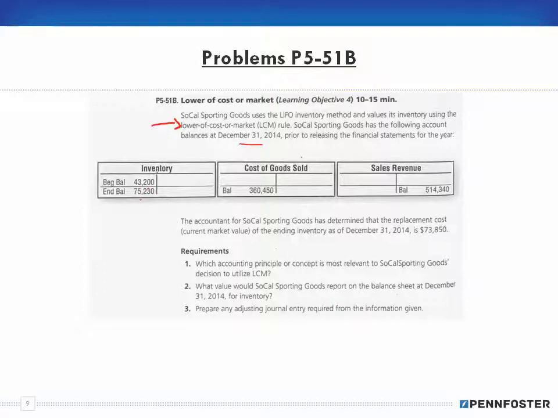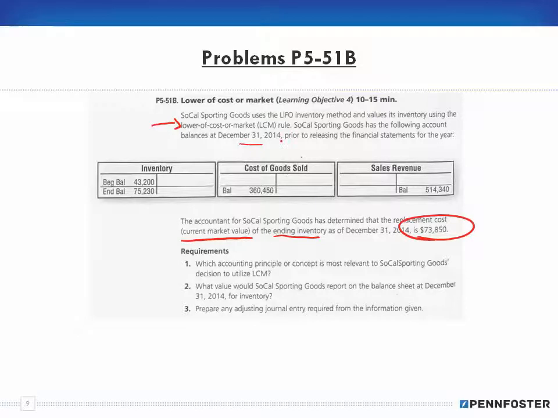Okay. So the ending balance of inventory is $75,230. Cost of goods sold is $360,450, and the sales revenue is $514,340. The accountant for SoCal has determined that the replacement cost, the current market value of the ending inventory for December 31st is $73,850.